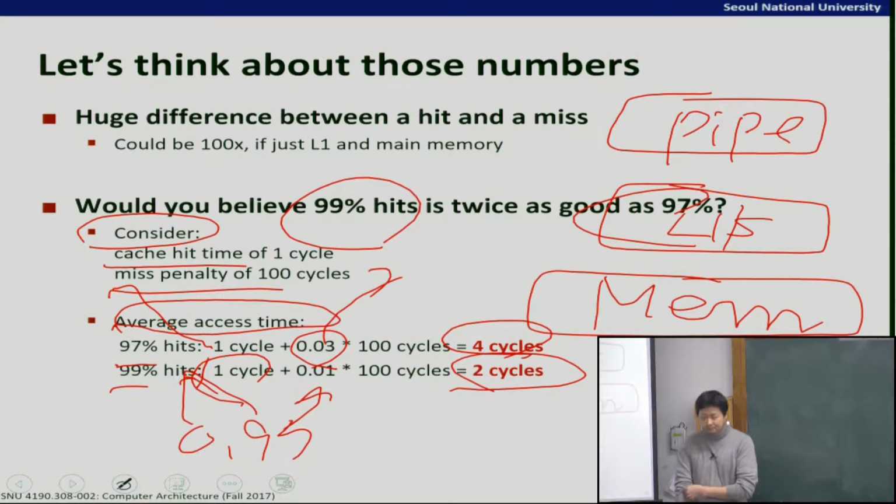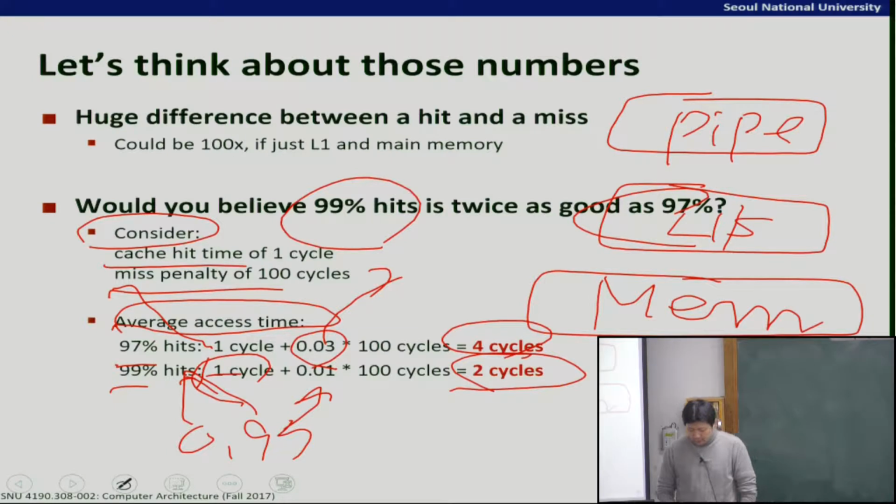That's actually a valid question, but the truth is, before you have to go off chip, you first have to check whether the data block is currently in the cache or not. That actually takes 1 cycle, right? So in other words, regardless of whether the data is currently in the cache or not, you still have to look up the cache anyway, right? Because only after you find that the data is not there, can you go off chip. So this 1 cycle cost will be paid regardless of whether you have a cache hit or miss. That's the reason why we don't have a 0.97 or 0.99 here, right?